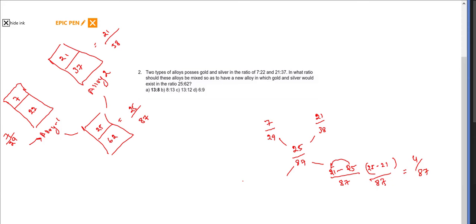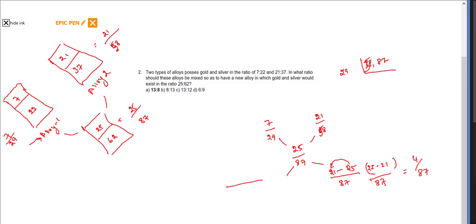And here we have, this is 38 and this is 87. What's the LCM of 38 and 87? Okay, so sorry about that. This is 58. This is 5. Sorry about my bad handwriting. This is 58 and this is 87.